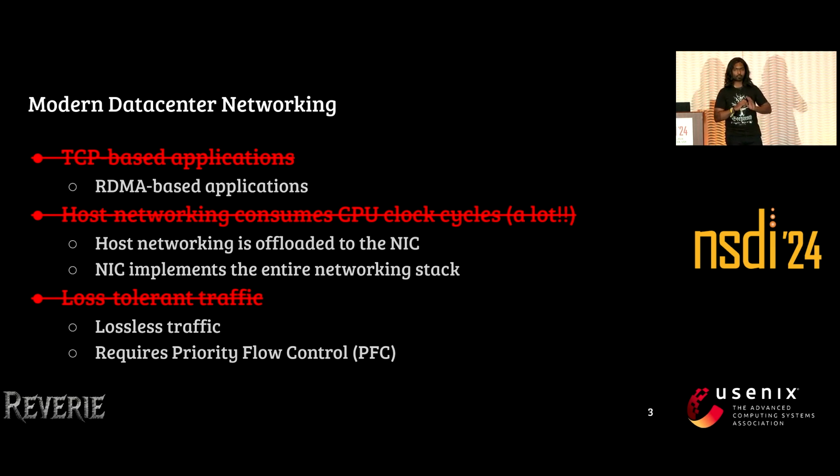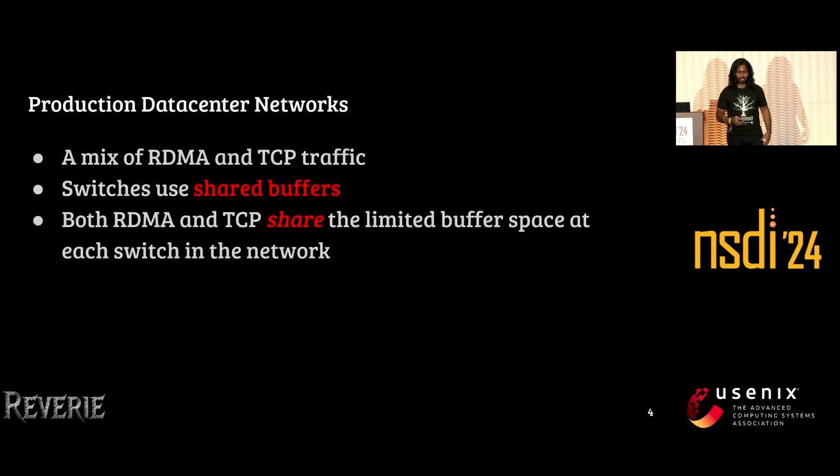Host networking is fully offloaded to the network interface card that implements the entire networking stack. Traffic is specifically lossless, and this requires something called priority flow control. In production, there is a mix of RDMA and TCP applications together. Switches use shared buffers, and RDMA and TCP share the same common buffer space at each hop in the network.